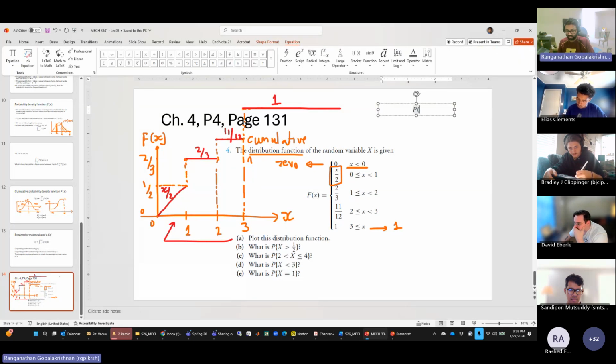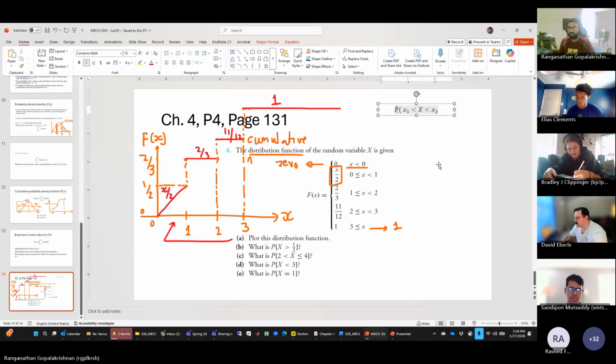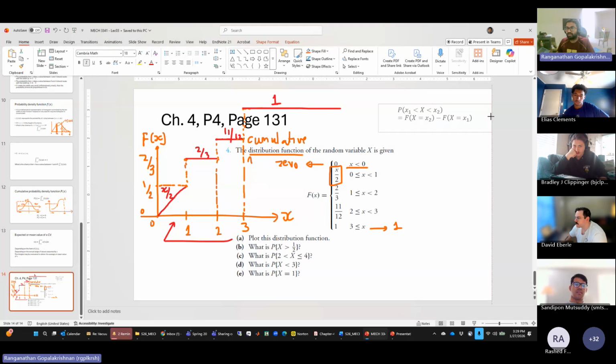that x takes some value that is intermediate, let's say between x1 and x2, that would be f of x equals x2 minus f of x equals x1. Why is this true?